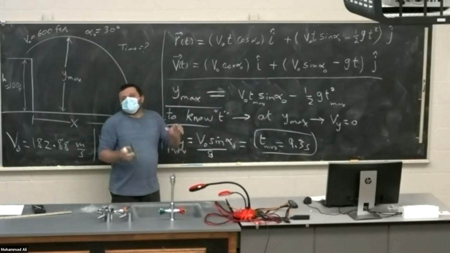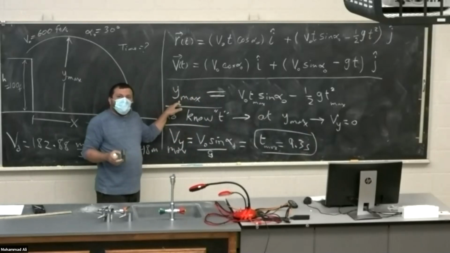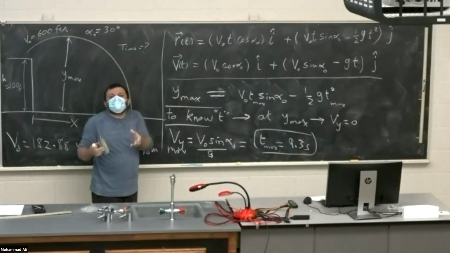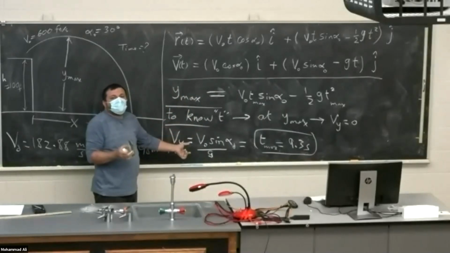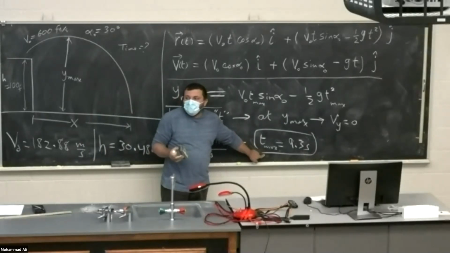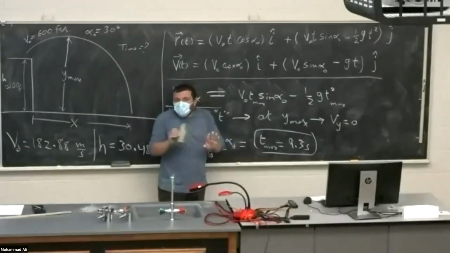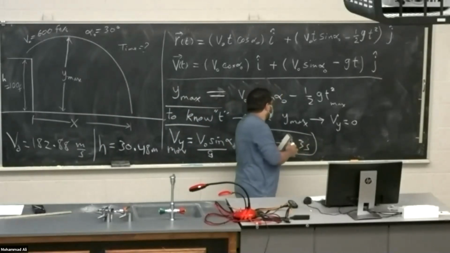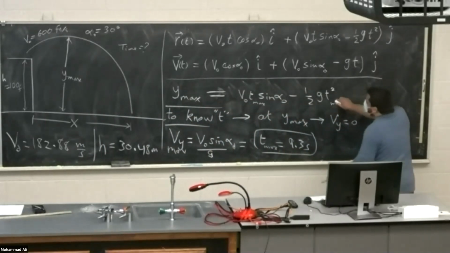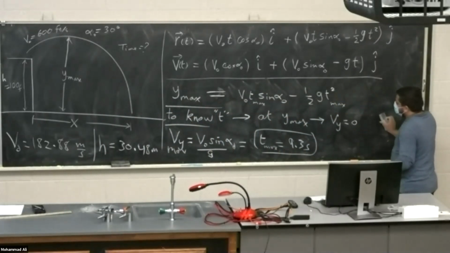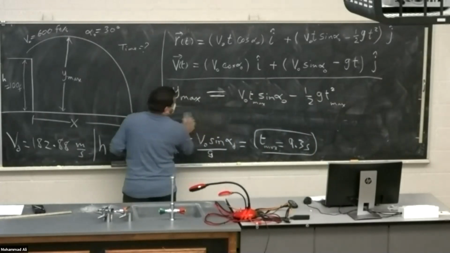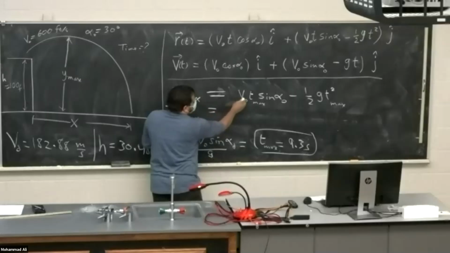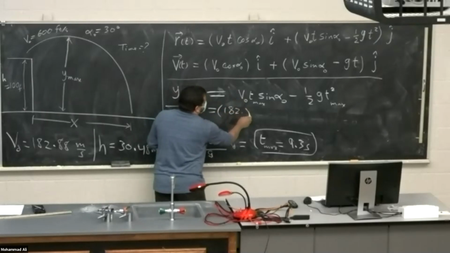Look, that's right. If I need to find y max, I need to do more than one step. But all the steps are the same. I need to use an equation and find an unknown quantity. It is not difficult. It is not complicated. Just one more step. That's it. T max, I can use it here. Now, V naught is 182 point something.